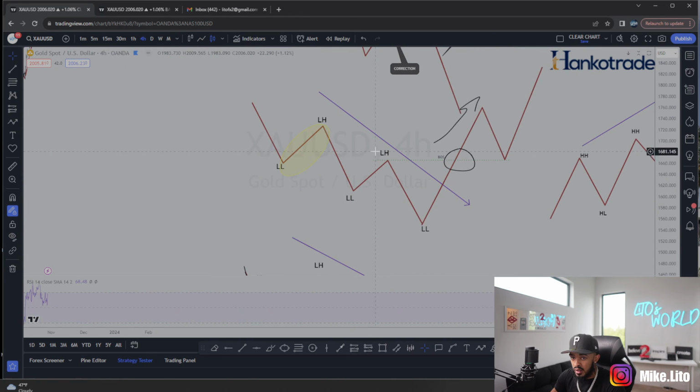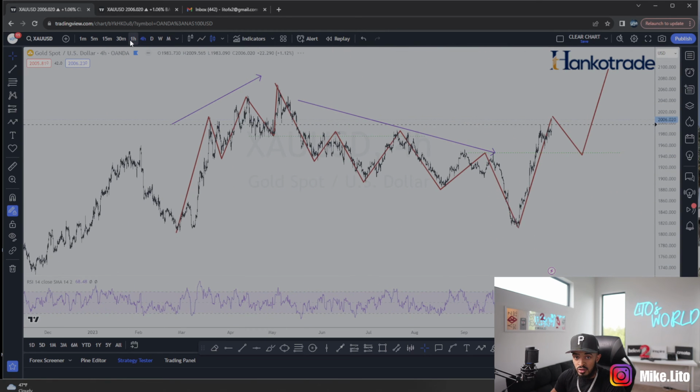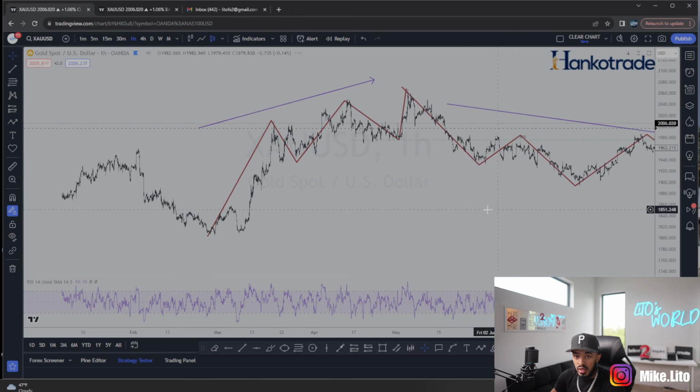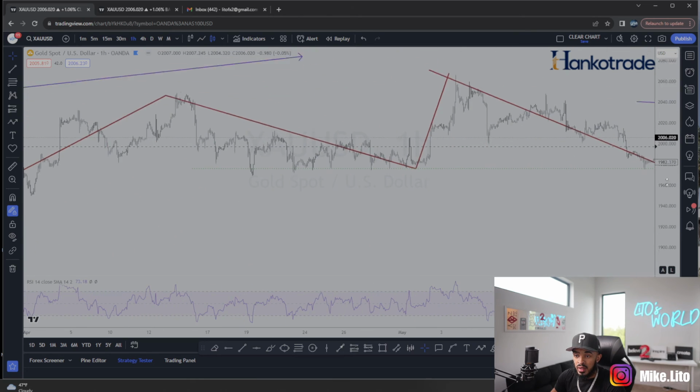We were in a downtrend, we broke that area with the break of structure, came back to retest it, and then we went higher, right? So impulse, correction, continuation. This strategy applies on every single time frame. So of course, if I was to break this structure down into a smaller time frame, such as the 1 hour, then we could see the same concept applies.